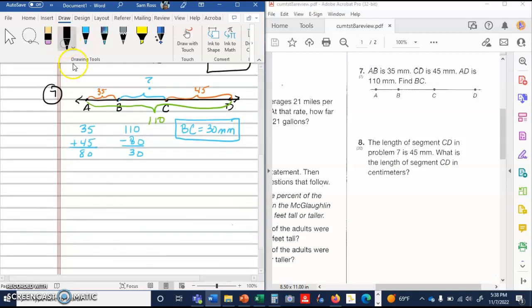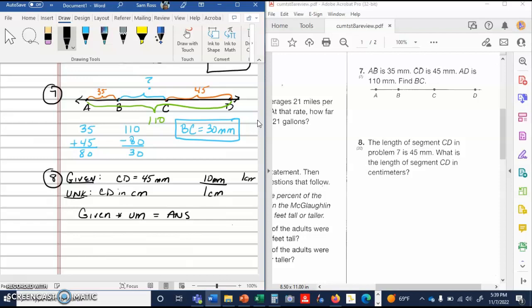Okay. Back here, number 8. The length of segment CD in problem 7 is 45. So we're given CD is equal to 45 millimeters. What is the length in centimeters? So what's unknown is CD in centimeters. So this is when I do my given times my unit multiplier is equal to my answer. And my unit multiplier here is either going to be 10 millimeters over 1 centimeter, or 1 centimeter over 10 millimeters.